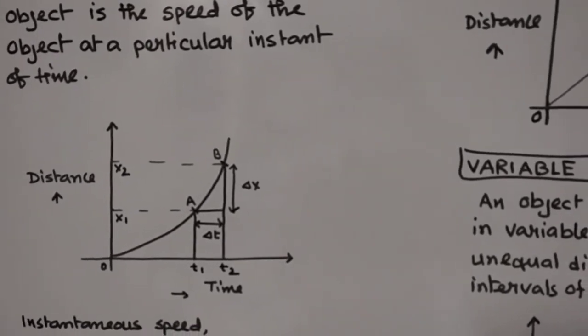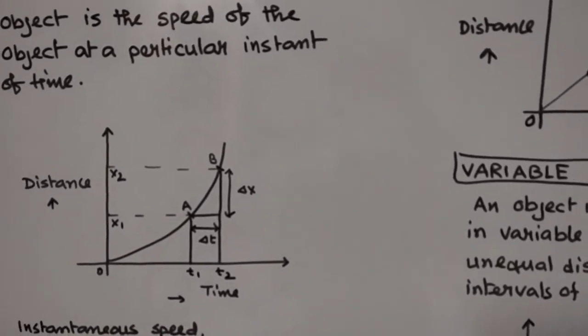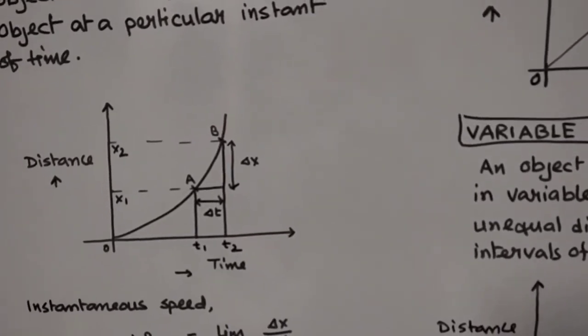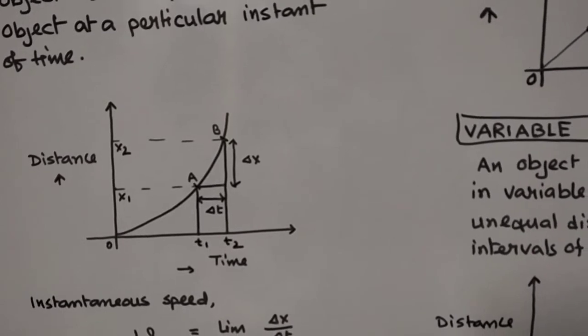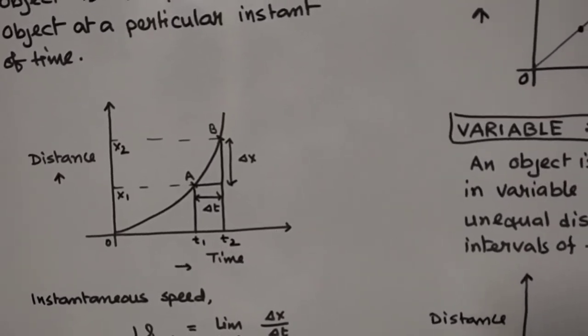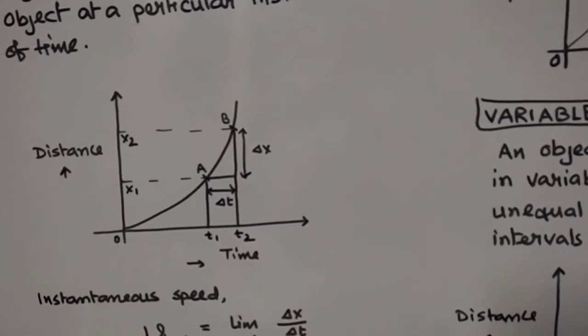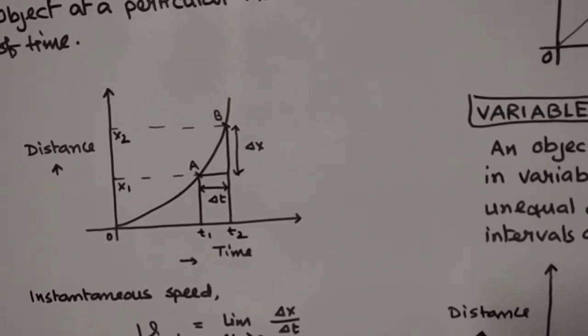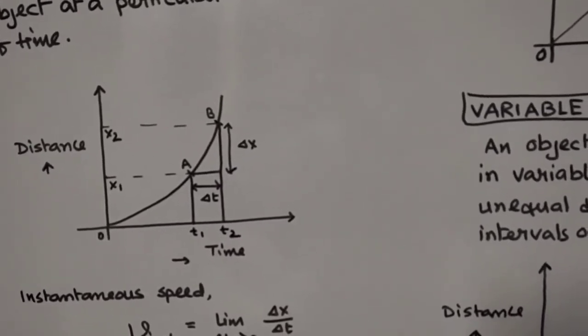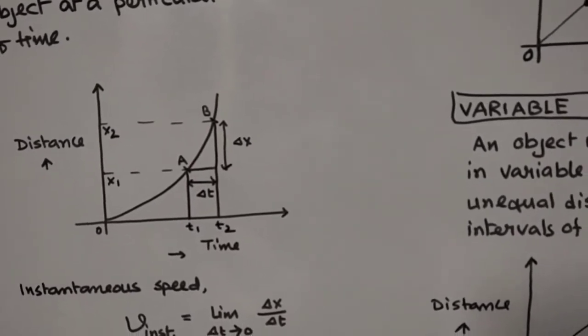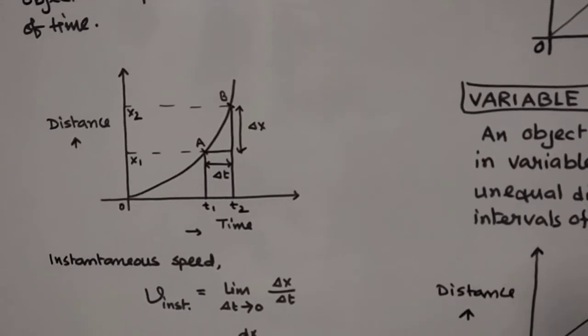Now speed at an instant means at a particular instant. But how can we define speed at an instant mathematically? That is the question. Now if we consider t1 and t2 very close to each other, but not exactly equal. If we consider delta t equal to 0, what happens? Under that case, t1 equals t2, no?